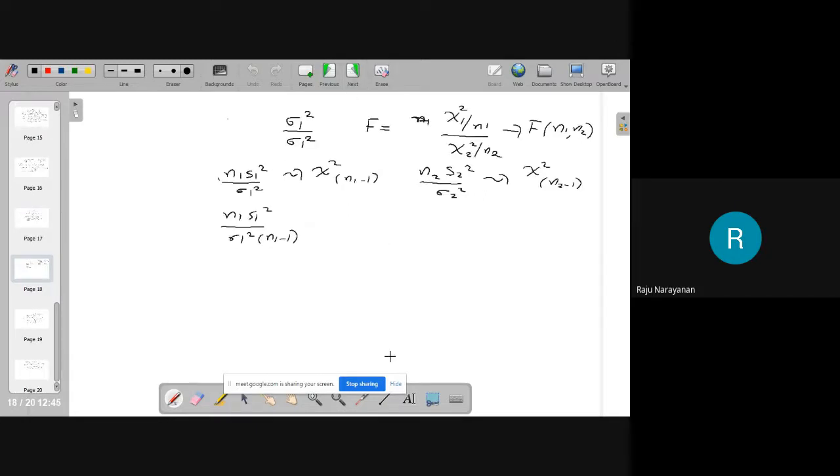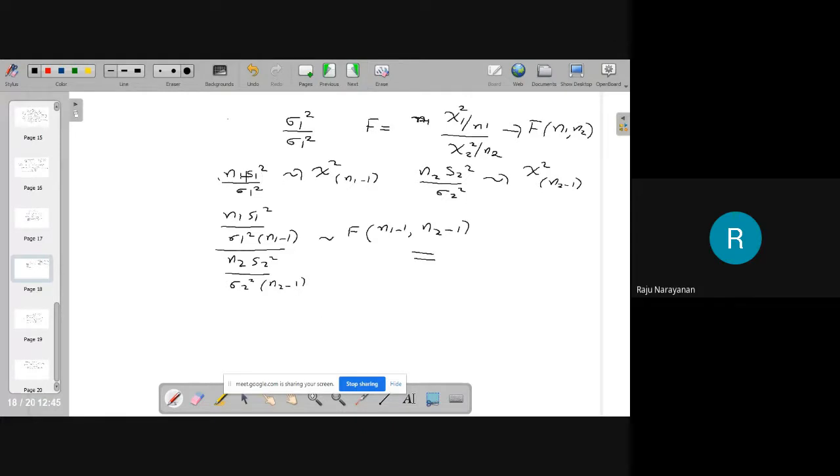Okay, and here we divide by n2 s2 square by sigma 2 square into n2 minus 1. This follows the F distribution with n1 minus 1 and n2 minus 1 degrees of freedom.